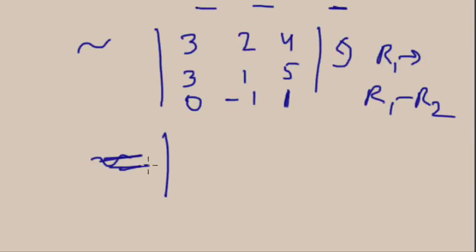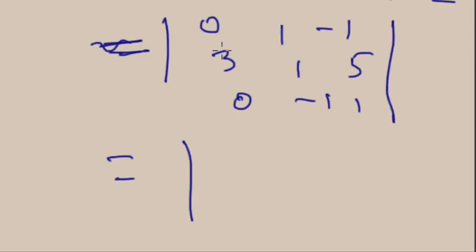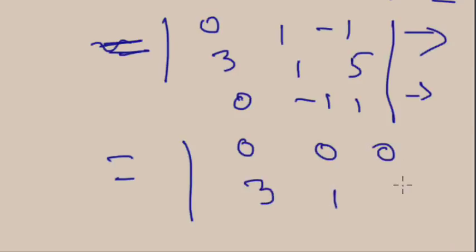This is equal to [0 1 0; 1 minus 1 3; 1 5 0; minus 1 1]. If you add this row and this row, you will get 0 0 0, [3 1 5] and [0 minus 1 1].